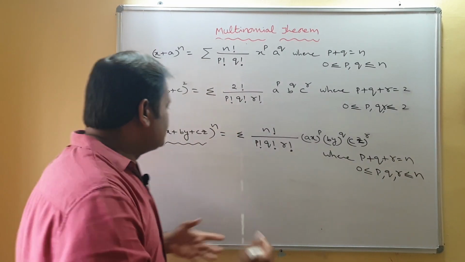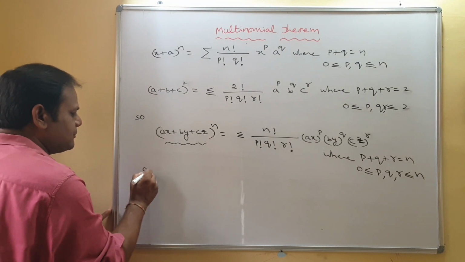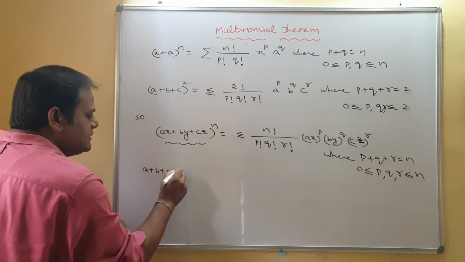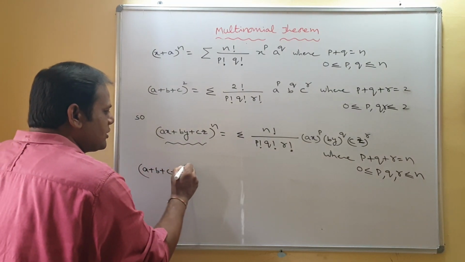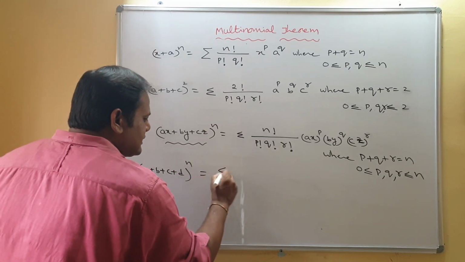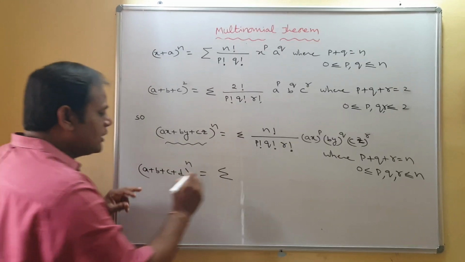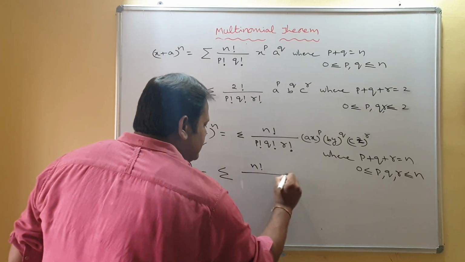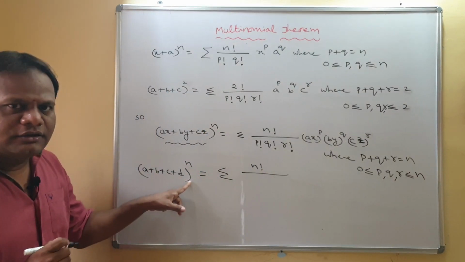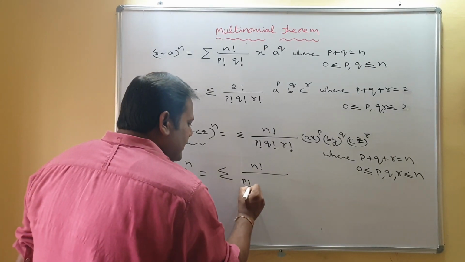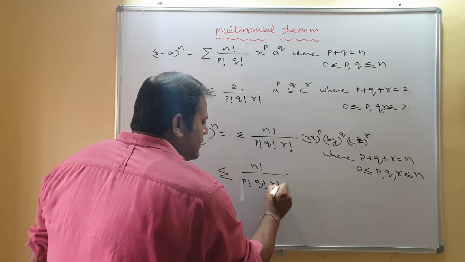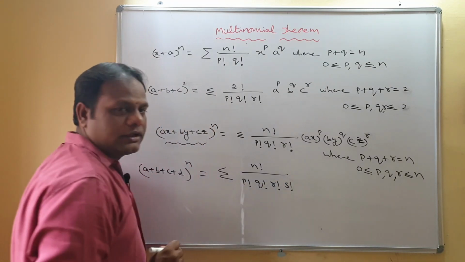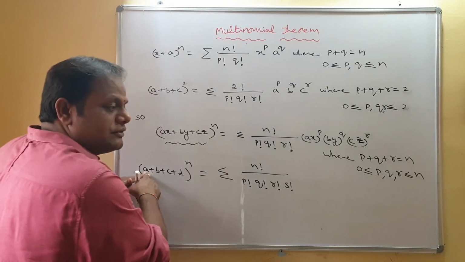Is it? Suppose in one question there is a need of writing something like (a + b + c + d) whole power n. Then that expansion is sigma what? n factorial by, totally how many are there? 4. So p factorial, q factorial, r factorial, s factorial. What is first? a.